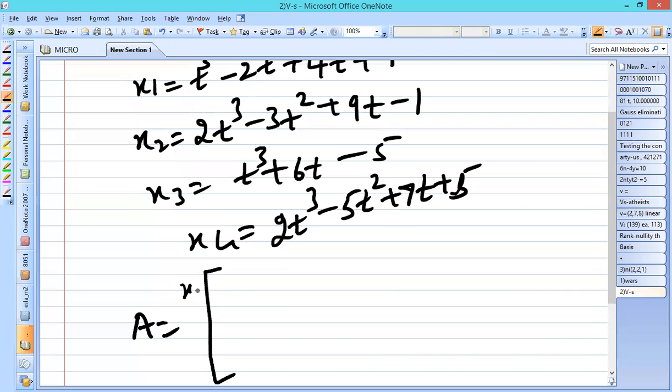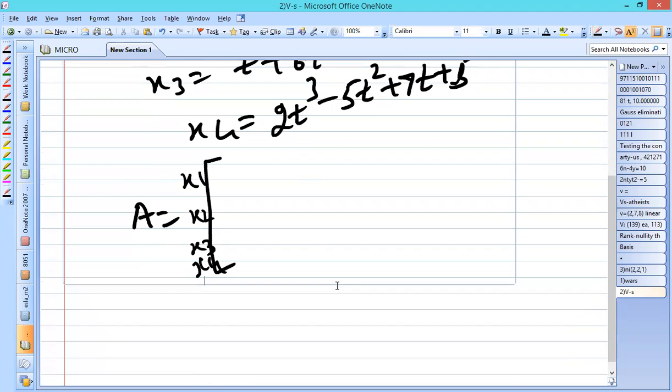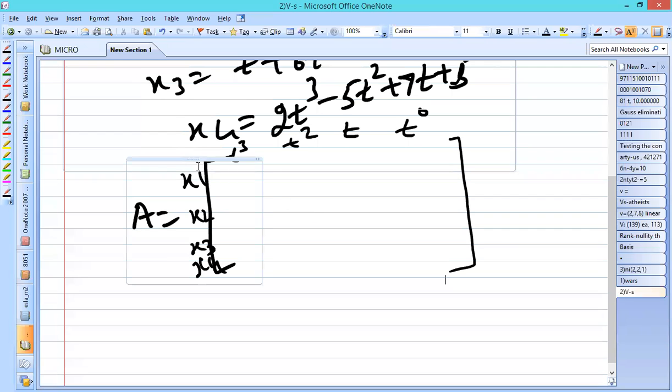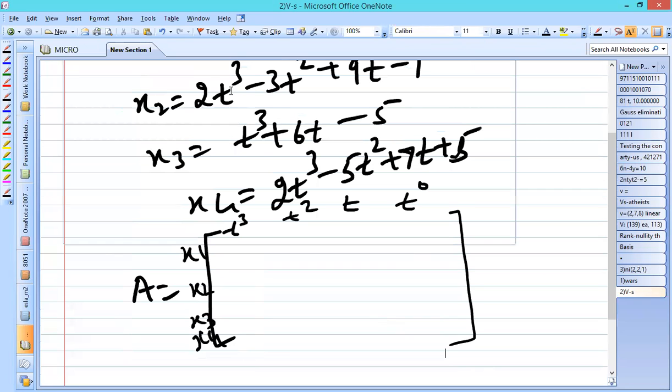Here also, row wise you write the elements x1, x2, x3, x4, and column wise you will have the coefficients of t cube, t square, t, and t to the power 0. Do you see the difference? The polynomials should be written in the form of t cube towards t0. So what is the first row?